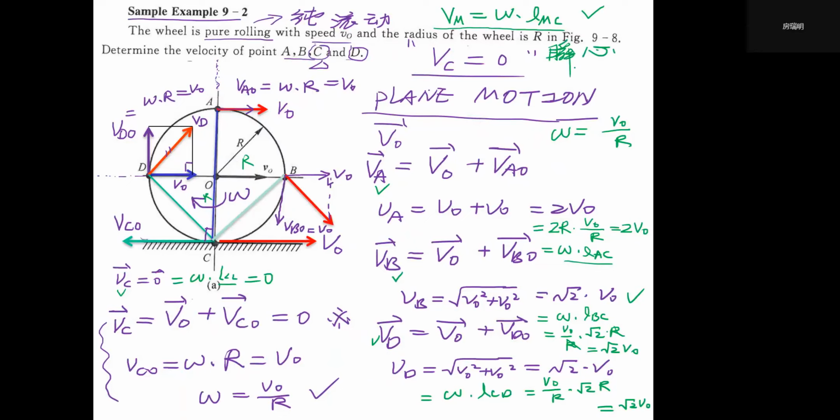That means at this time moment, there always exists a point on the plane figure whose absolute velocity is 0, and all the other points on the plane figure have a rotation around this point. We call that the instantaneous center. I think that's all for today.